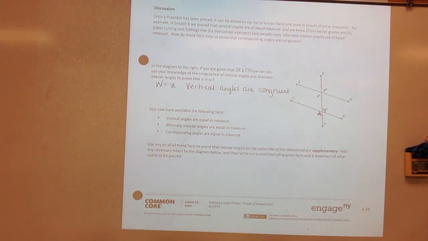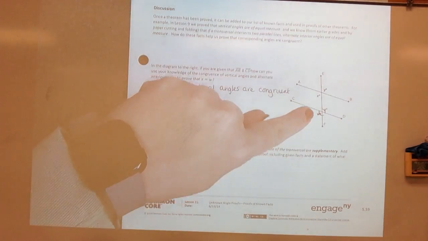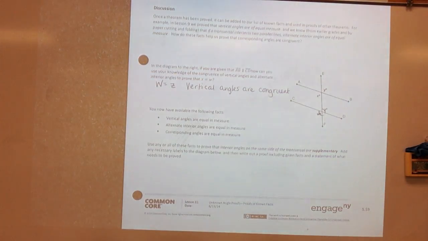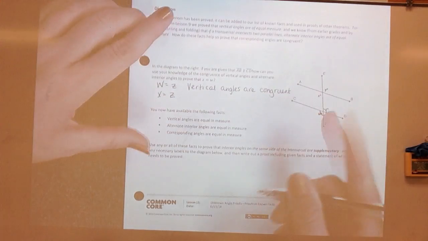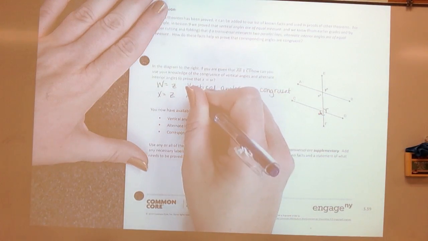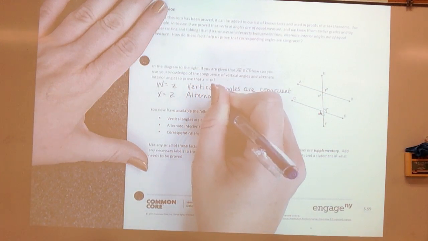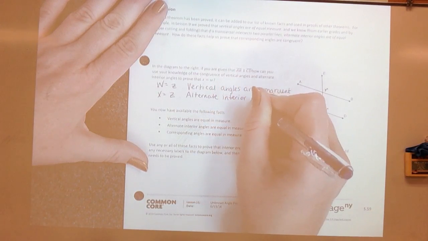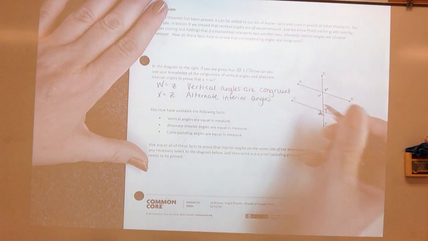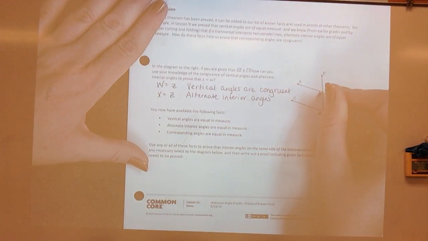I'm sorry, I've missed a step. Now that I've proven W and Z are equal, what do I know about X and Z? X is equal to Z because of alternate interior angles. And alternate interior angles are congruent.